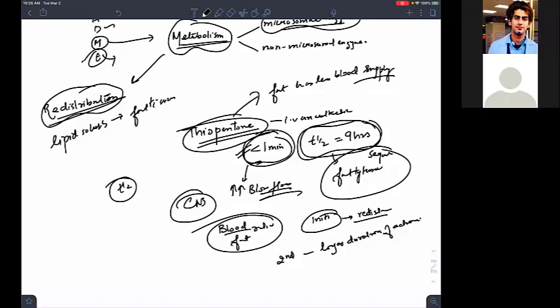Remember, whenever you see a microsomal enzyme anywhere, that enzyme can be inhibited also, and that enzyme can be induced also. But your non-microsomal enzyme does not have these interactions. They are not susceptible to these interactions.